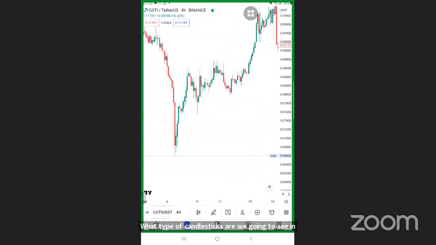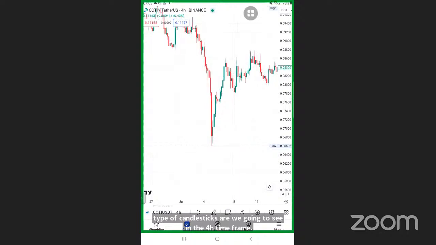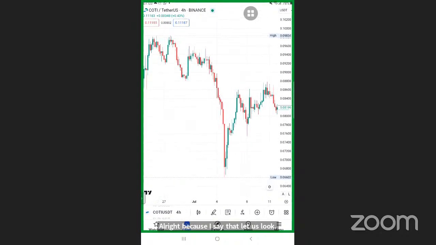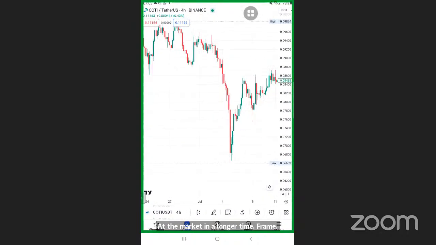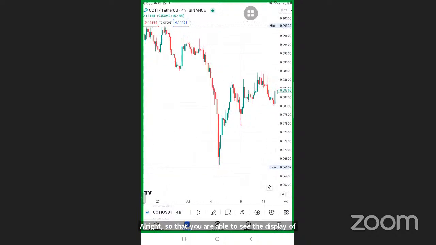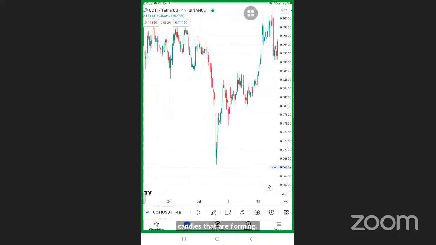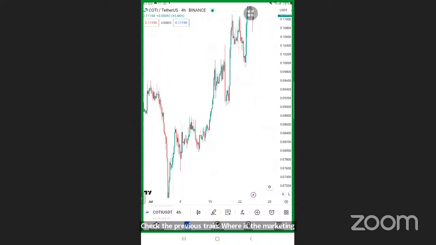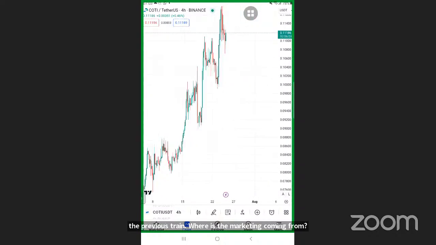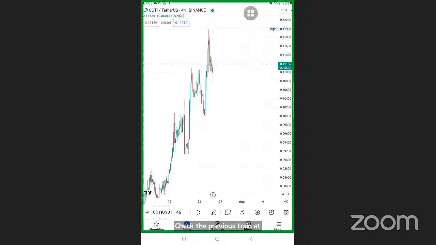Because I said let us look at the market in a longer time frame. Look at the trend, where the market is coming from, so that you are able to see the display of candles that are forming.